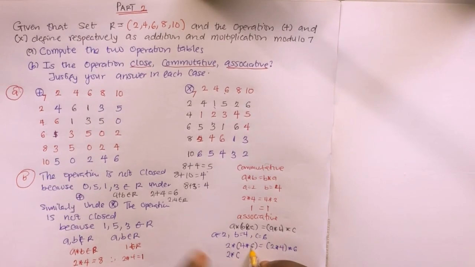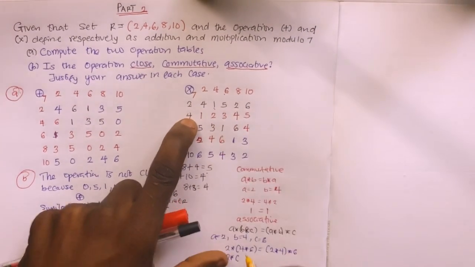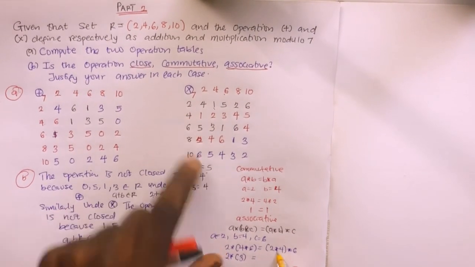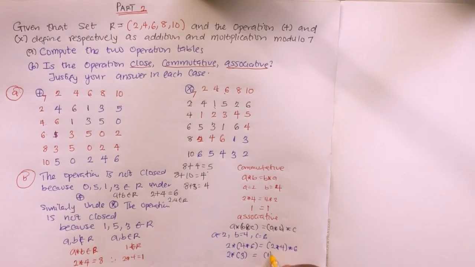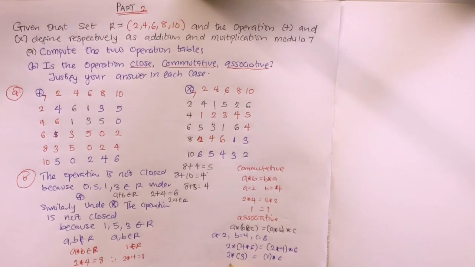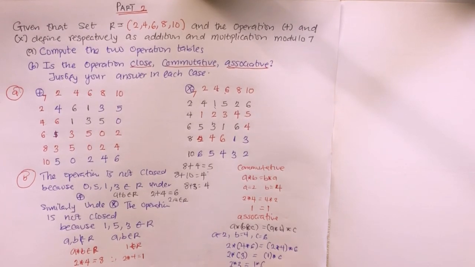Then 2 star, 4 star 6. Come back to your table. 4 star 6 is 3. Put it inside, must be equal to 2 star 4. 2 star 4 is 1. Put it inside, that's 1 star 6. Then come back again. 2 star 3 equals 1 star 6.